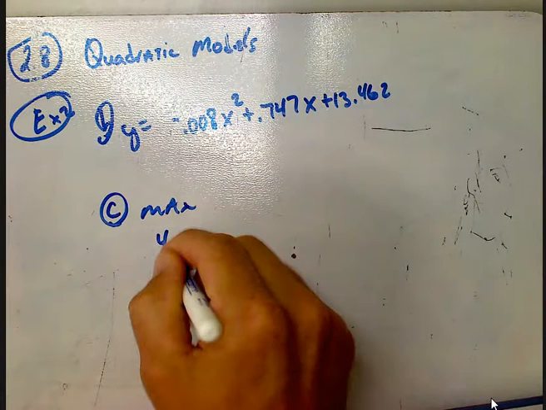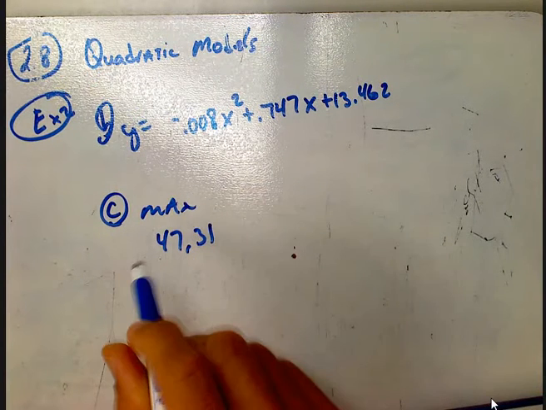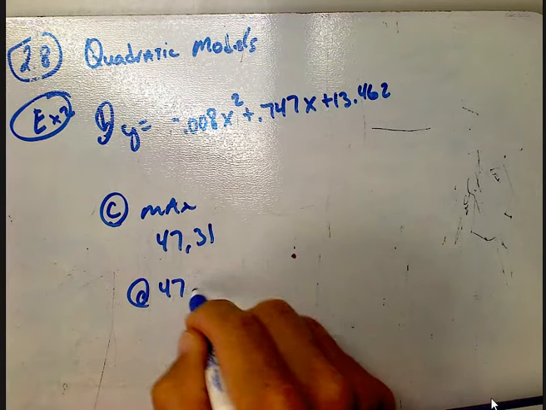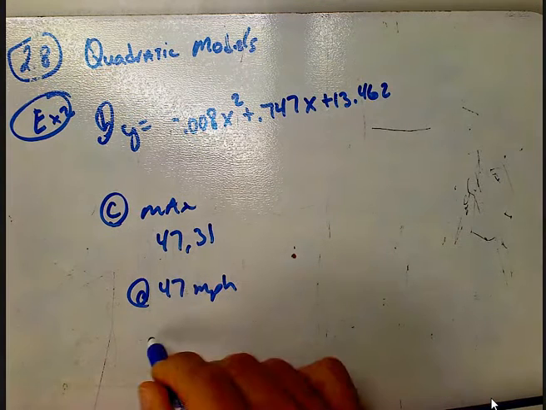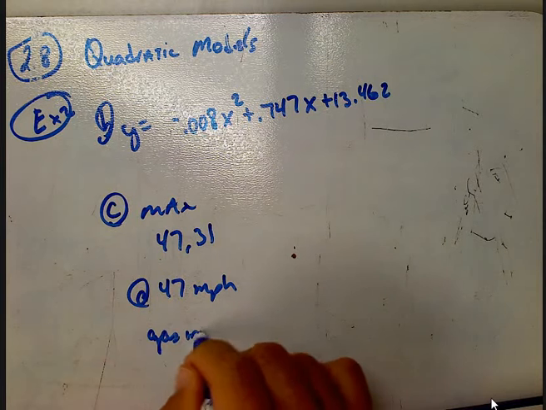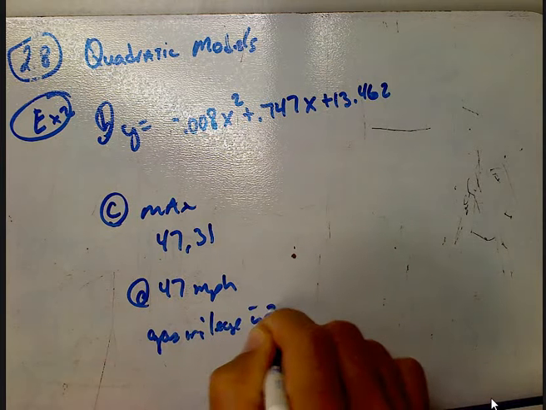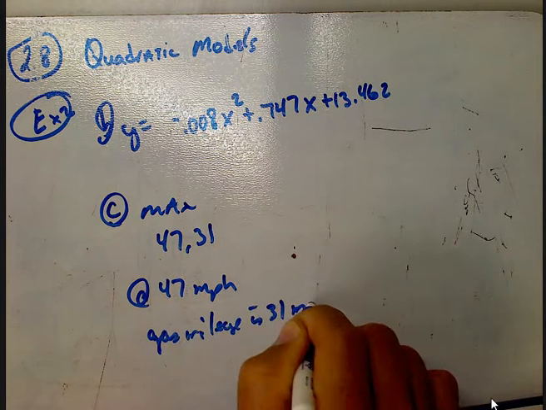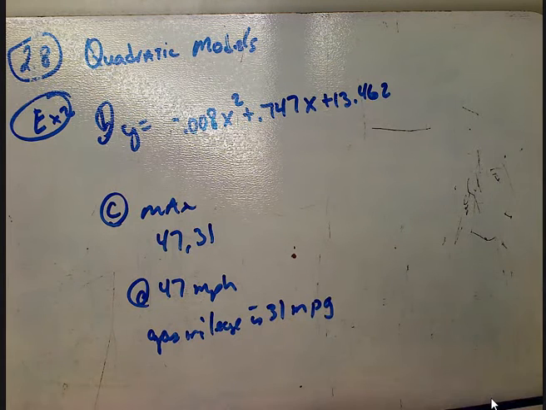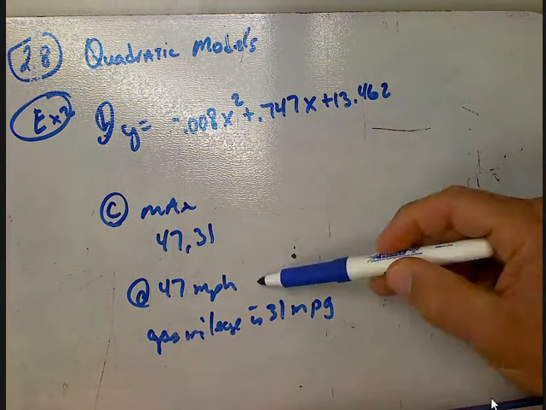This means at 47 miles per hour, my gas mileage is 31 miles per gallon.